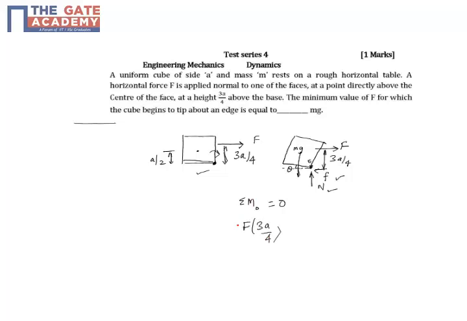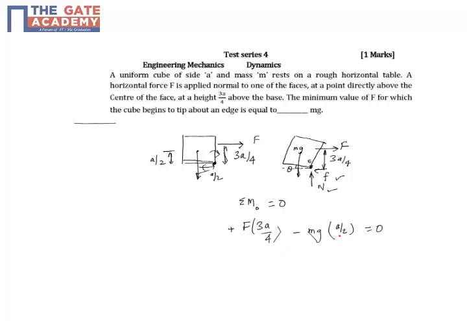I take clockwise as positive, and mg will be acting like this. It's a cube, so everything will be a, and this will be a by 2. That will produce an anti-clockwise moment about O. So F into 3a by 4 minus mg a by 2 is equal to 0.